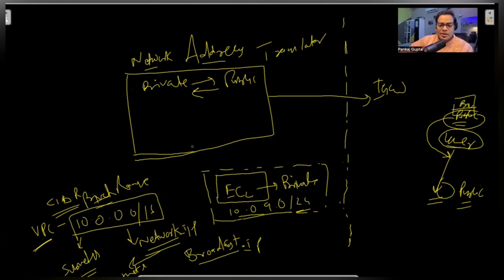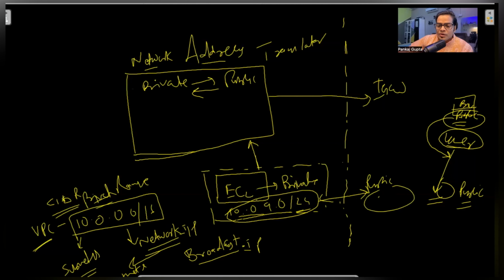So now if your EC2 instance is in a private subnet inside a specific VPC, it will translate this private IP and associate it with a public IP. Because of this public IP, you will be able to connect to the internet through the internet gateway layer. So this is network address translation, in very short.